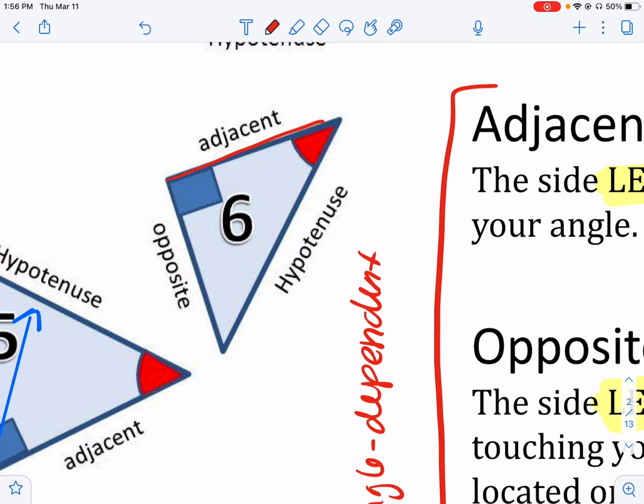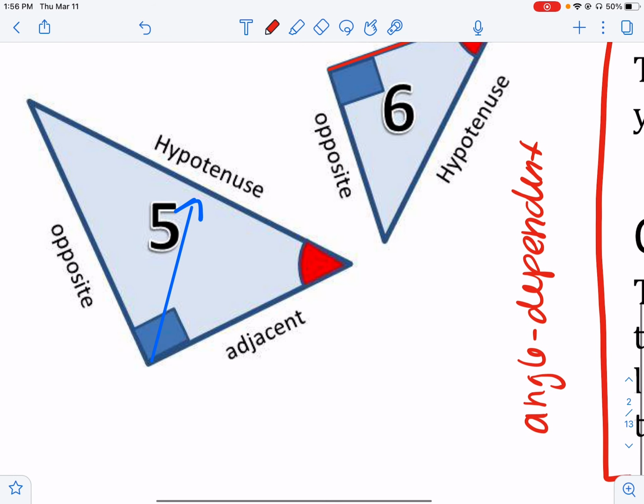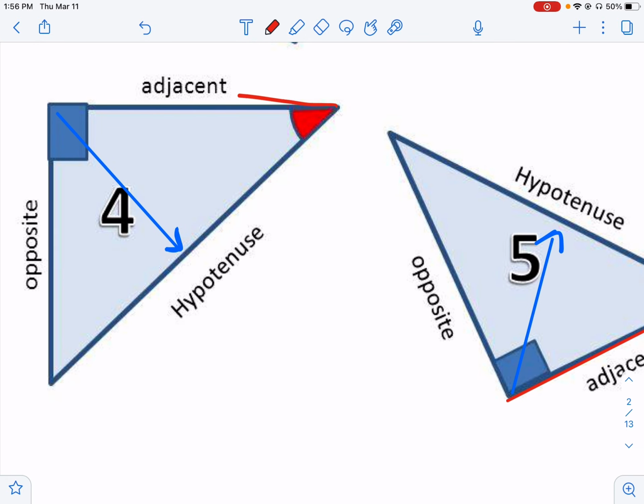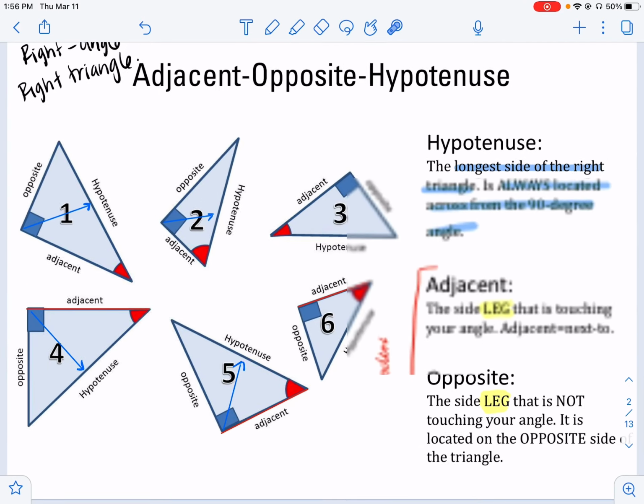That is going to be my adjacent side. Notice by identifying the hypotenuse earlier, I know that the hypotenuse is not my adjacent side. I've already found it, so it's the other side that touches the angle. This is always going to be your adjacent.